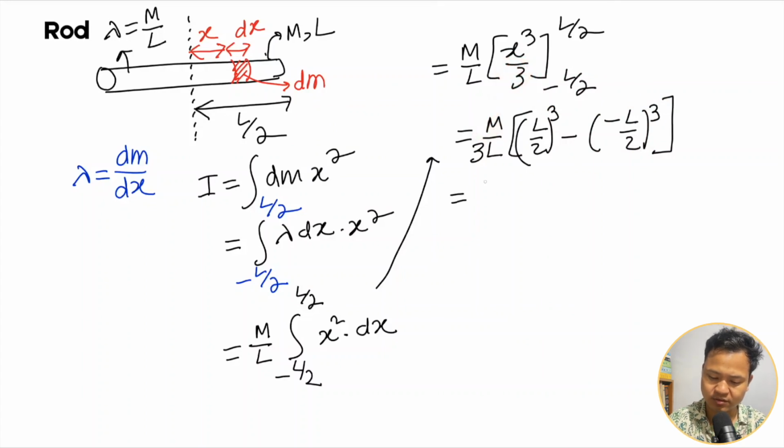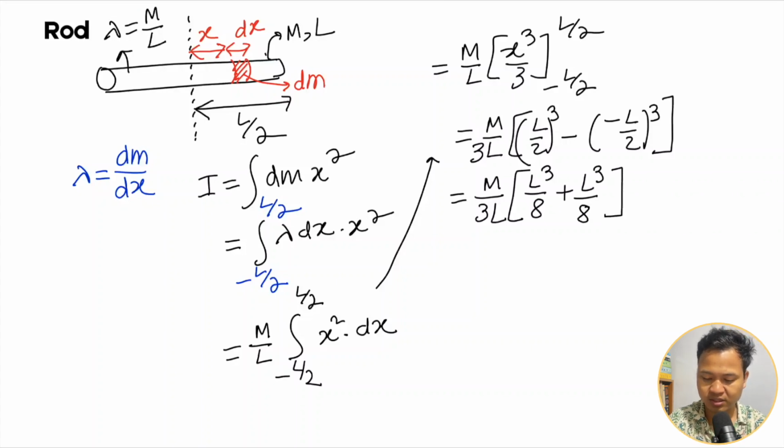So here what do you have? M by 3L. I will have L cube divided by 8 plus L cube divided by 8, which is L cube by 4.